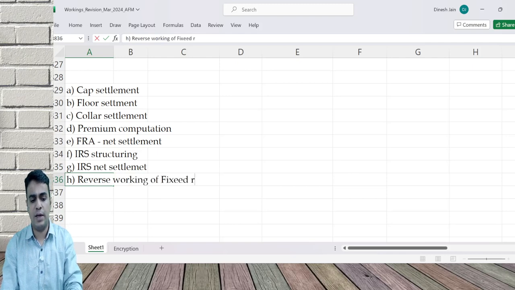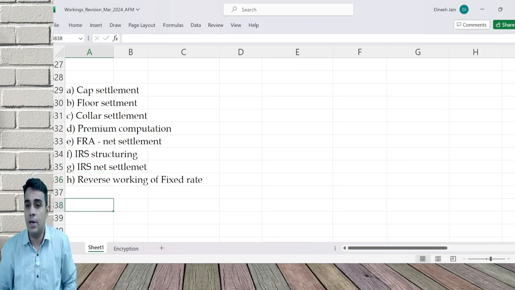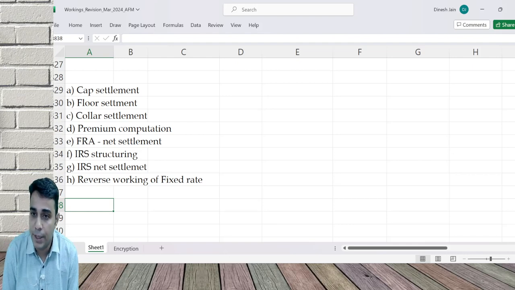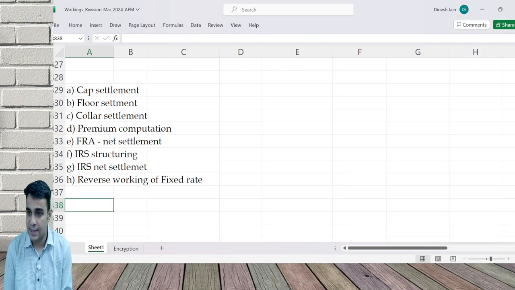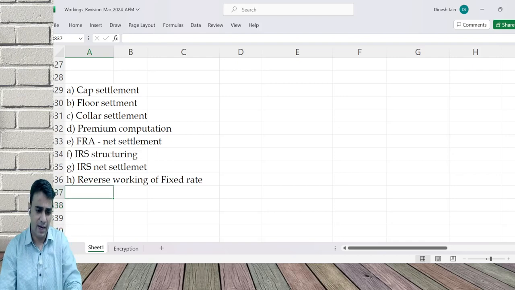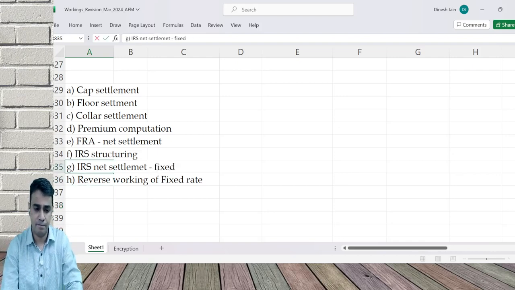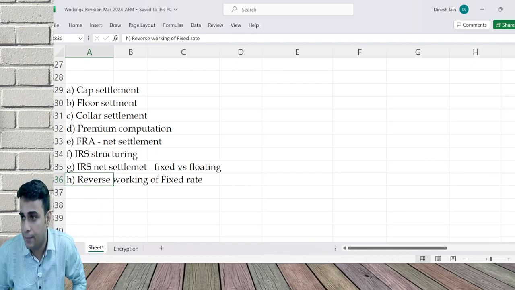These are the usual types of questions. Okay, 8 categories I have given: cap settlement calculation, floor settlement calculation, collar settlement calculation, premium computation and amortization of premium, FRA net settlement, IRS structuring, IRS net settlement. What is net settlement? Fixed versus floating, and reverse working.